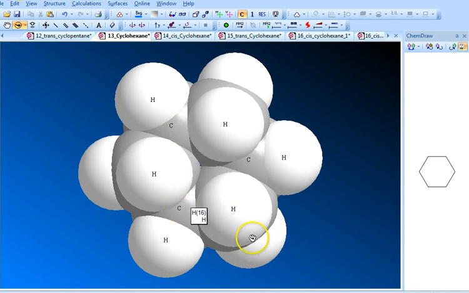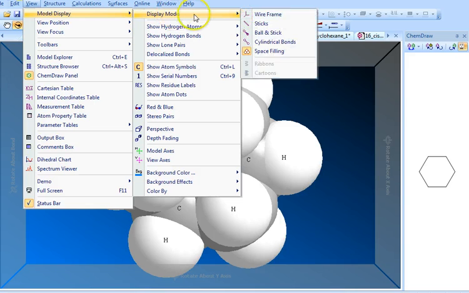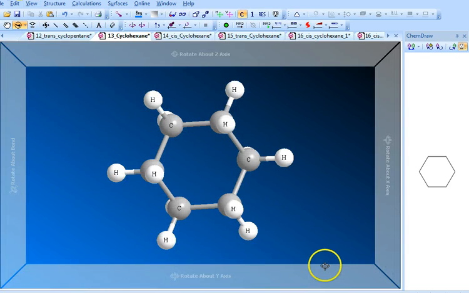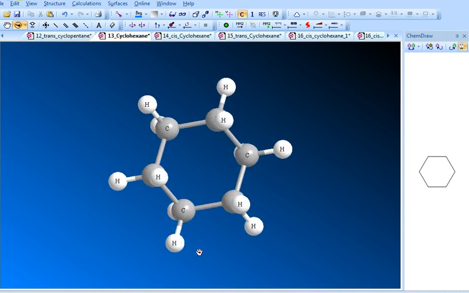And so this is really not much use to us. That is the reason why a ball and stick model is perfect for studying any molecule. And so this is our cyclohexane.